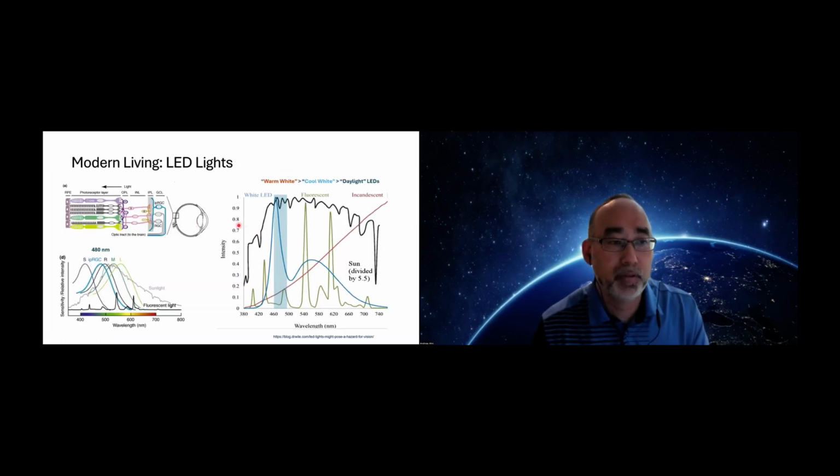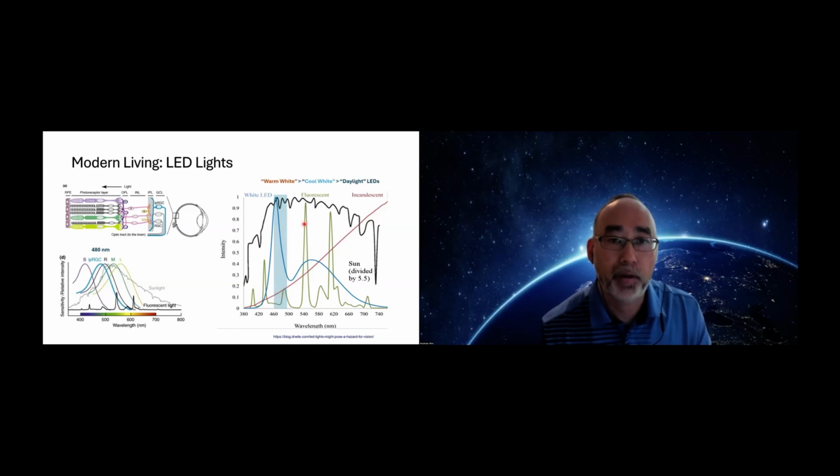Interestingly, this is of some significance in our modern lifestyles, because in the past, when we had incandescent light, there was a predilection for mostly the red or orange part of the spectrum. Fluorescent lights had bands that went all over the place, but certainly didn't have that much on the blue side.